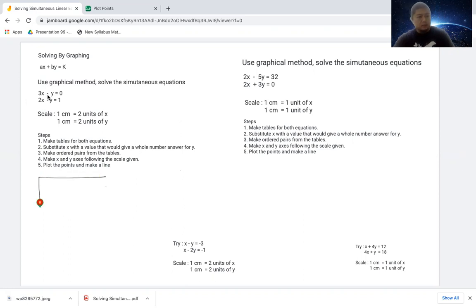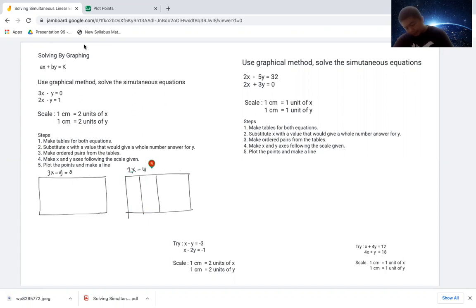This is the table exclusively for 3x minus y is equivalent to 0. And the next one will be for the table of 2x minus y is equivalent to 1.